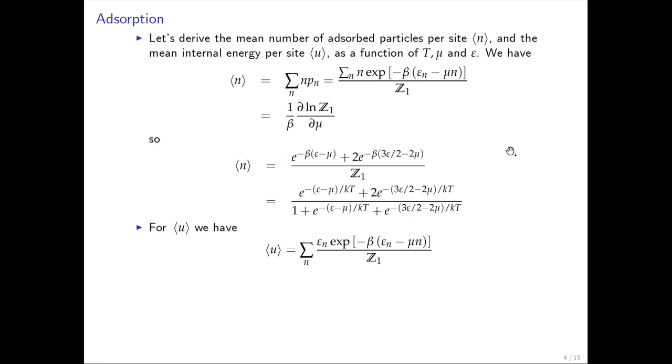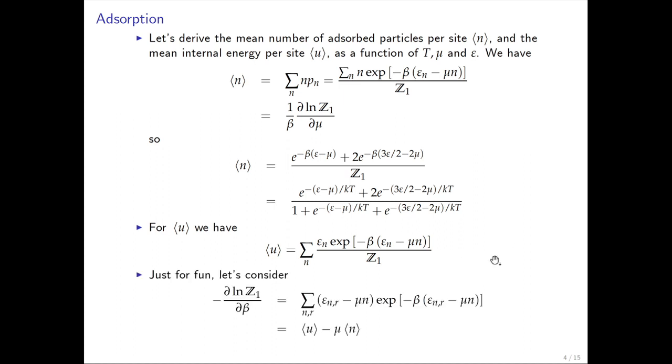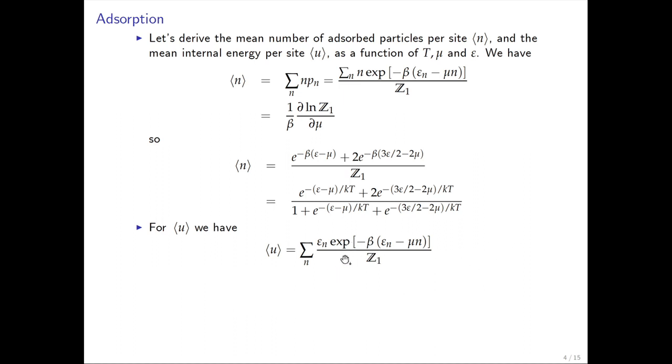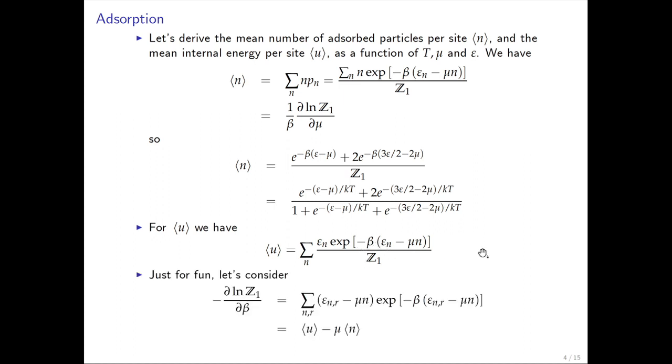Well, we can do the same thing for internal energy per site, u. It's just the sum over the probabilities times the energy of that configuration. In this example, it's very easy. We could just plug in the terms and calculate that. But just for fun, let's look at this derivative. Let's consider the negative of the partial derivative of log of Z1 with respect to beta.